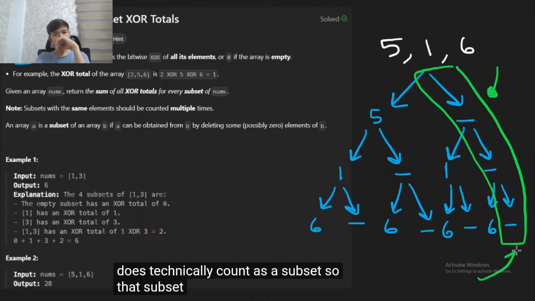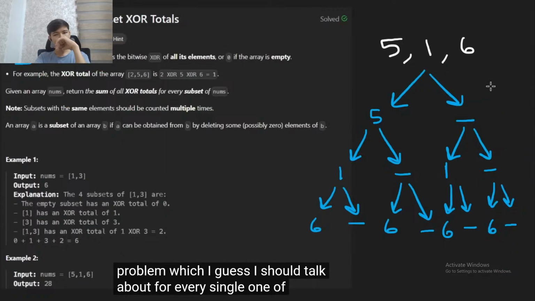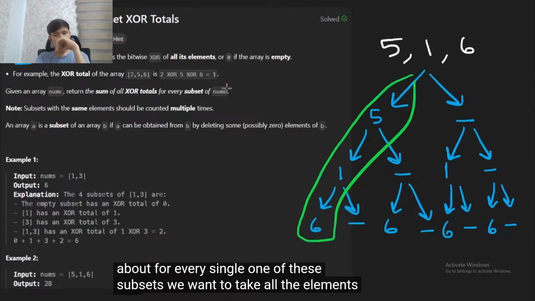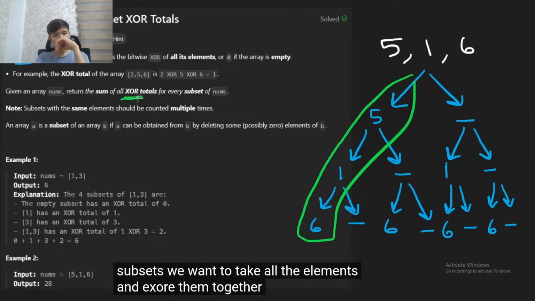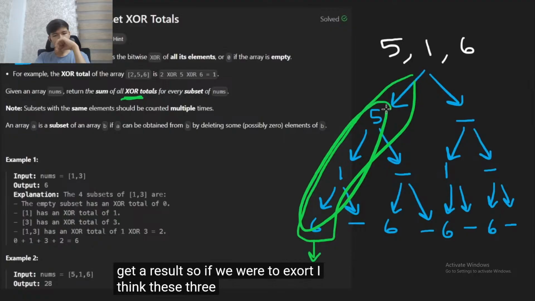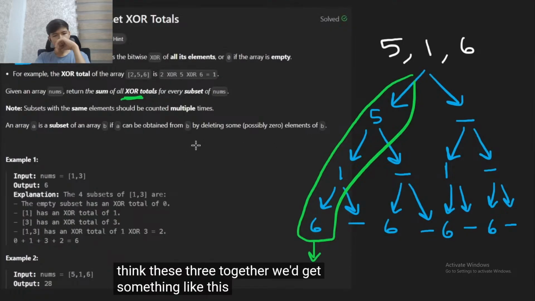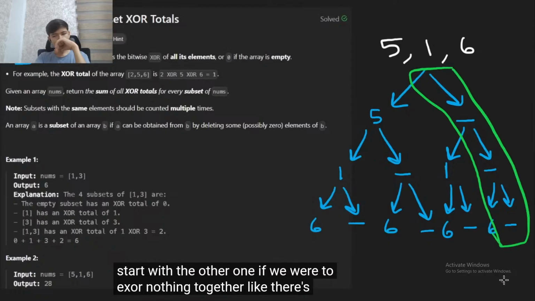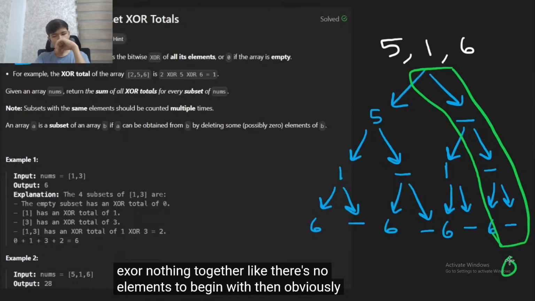So that subset, in the context of this problem, which I guess I should talk about, for every single one of these subsets, we want to take all the elements and XOR them together, and then we'll get a result. If we were to XOR these 3 together, we'd get something like this. Well, actually, let me start with the other one. If we were to XOR nothing together, like there's no elements to begin with, then obviously that's going to be 0.